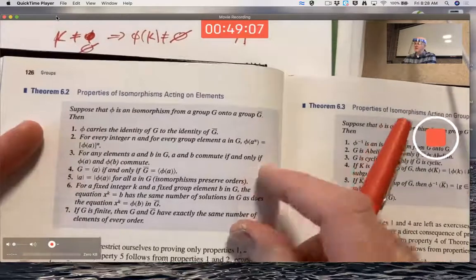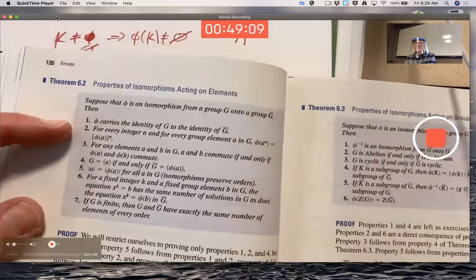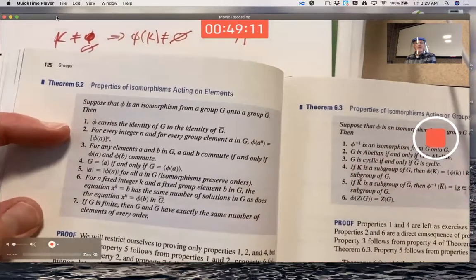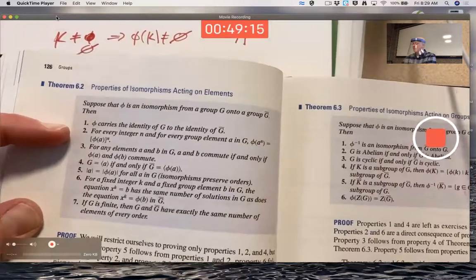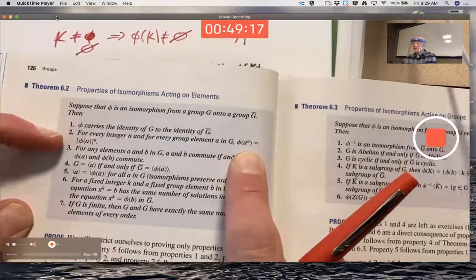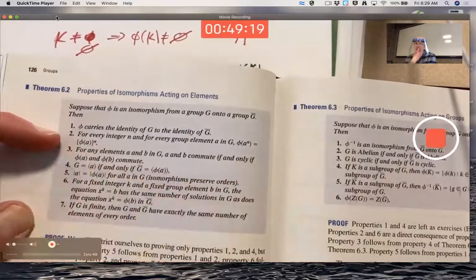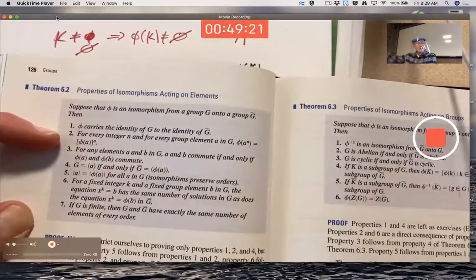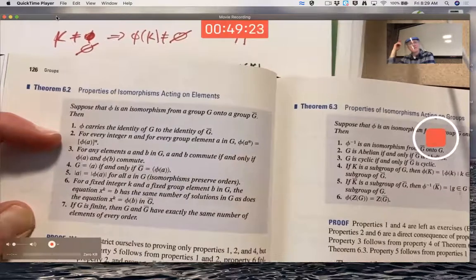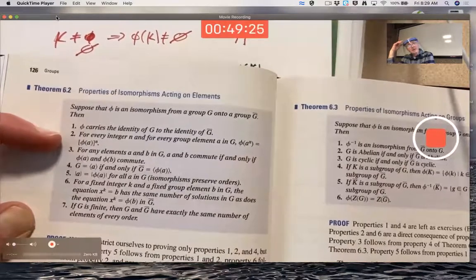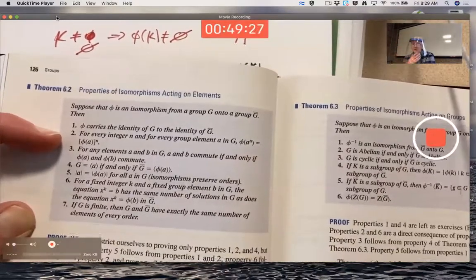It's in the theorem on the previous page, part 2 of this theorem. For every integer n and for every group element A in capital G, phi of A to the n power is the same as phi of A, to the n power. That can be proved by induction when n is greater than or equal to 0. It's obviously true when n is 0.